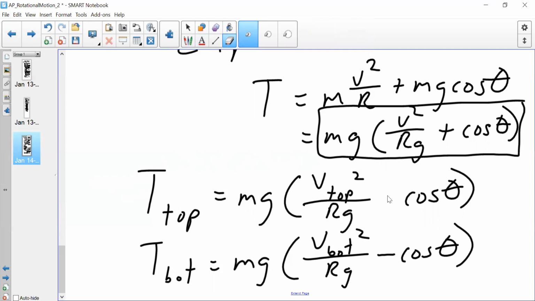So this should be minus, and this should be plus. So it's really the same thing as example 6.5. Any questions on that formalism? So the tension at the top will be less than the tension at the bottom, basically.